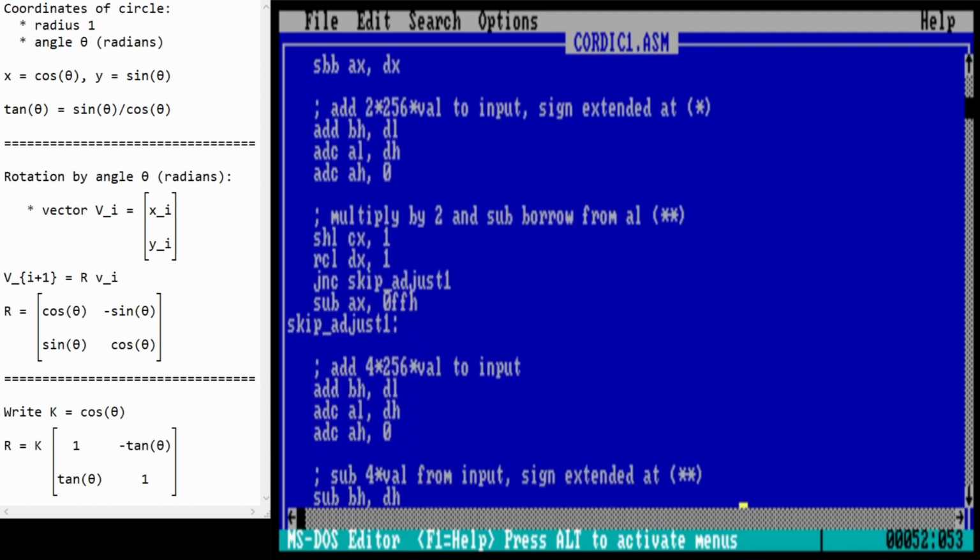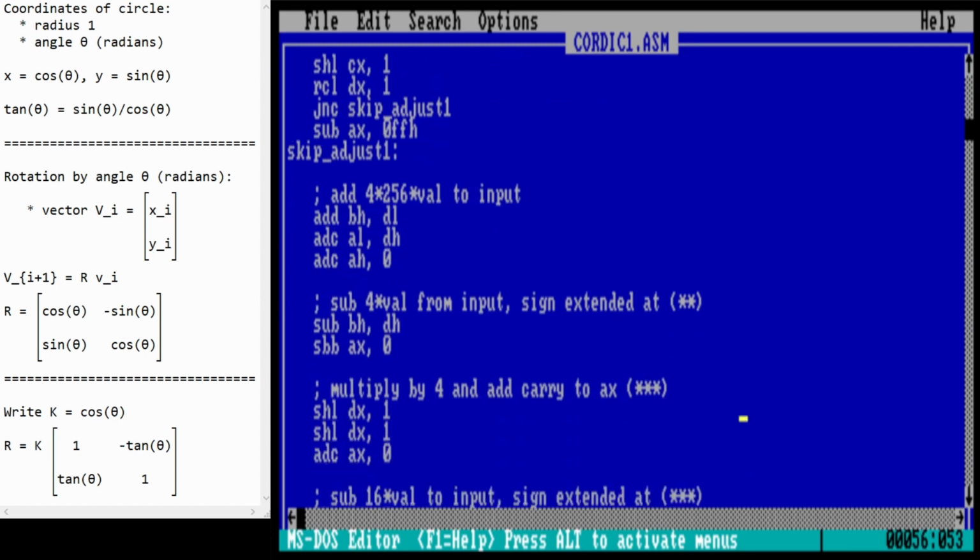So down here, the first thing we have to do is multiply by 4 again, so that we now have a product by 16. So it's just another 2 left shifts by 1 bit. And you'll notice that I don't actually shift the CX register here, and the reason for that is I'm not going to use it below, and you'll see why in a moment.